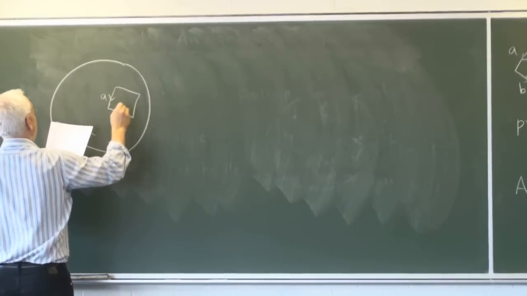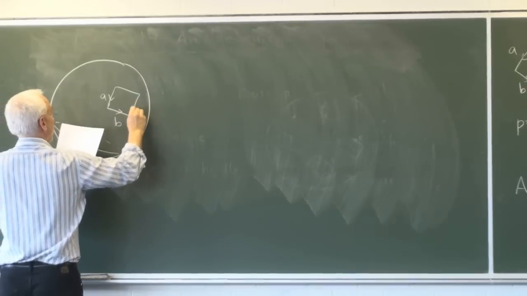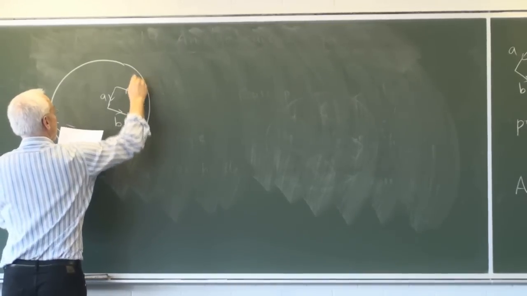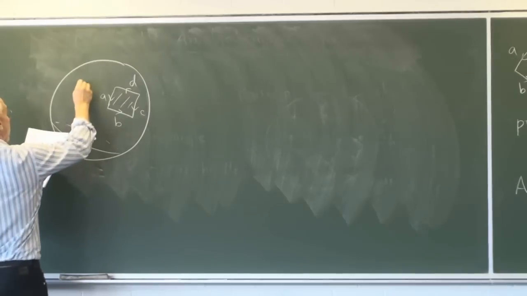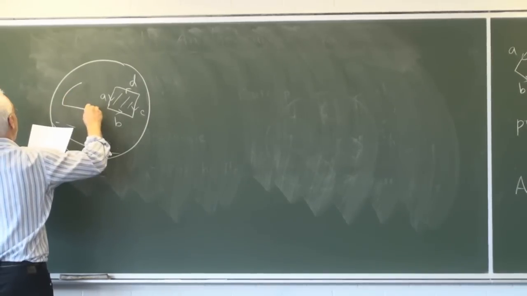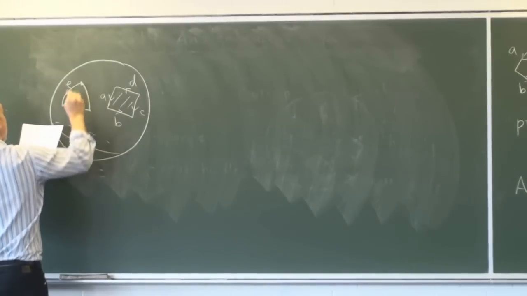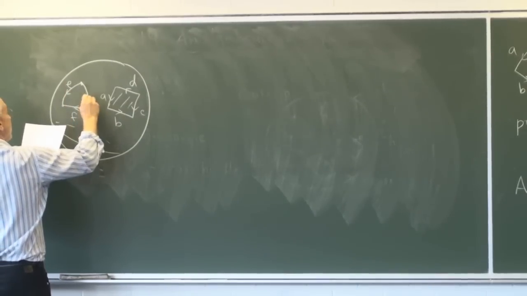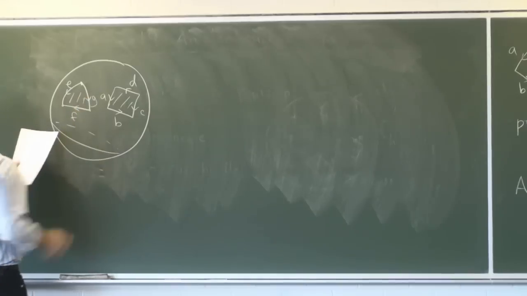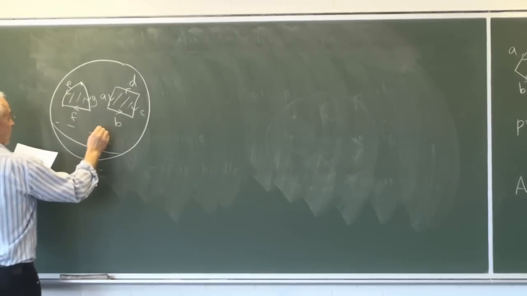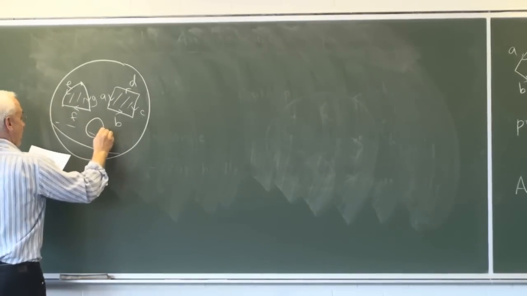Say A, B, C, D. That's a hole. And maybe a triangular hole. E, F in this direction, G. And let's make another hole with just one edge.